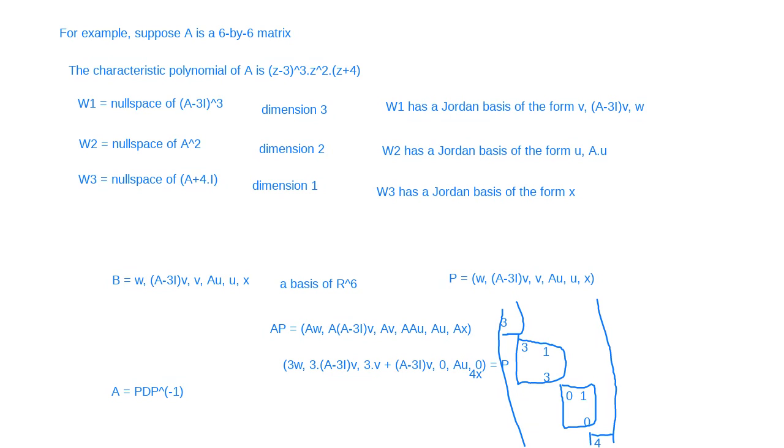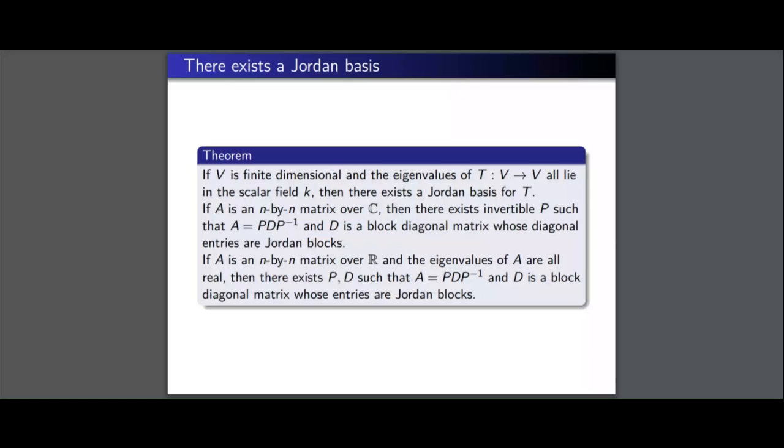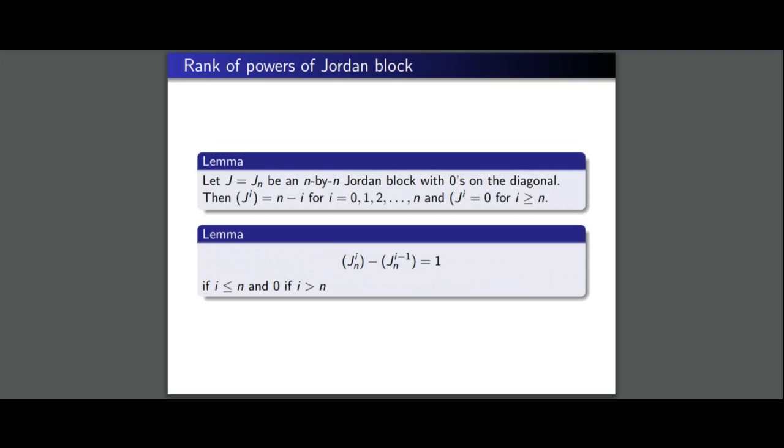We're pretty much out of time, but the last thing I wanted to tell you is that this theorem is what I was just explaining. What you can show is that the Jordan blocks are unique.